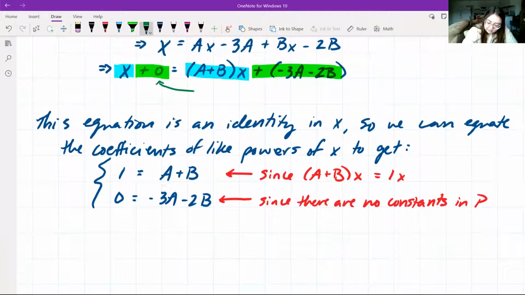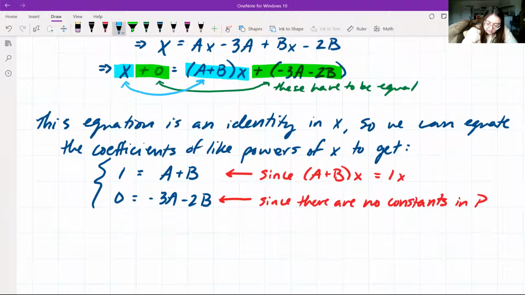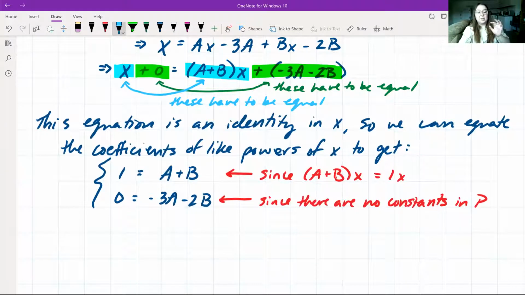So we're going to say that these have to be equal and these have to be equal. They have to be equal because that would be the only way that this expression would make sense. So we're stating that a plus b has to be equal to 1 so that we can get 1x, and that negative 3a minus 2b has to be equal to 0 so we can get that plus 0. That is the only way that we can make this statement true.